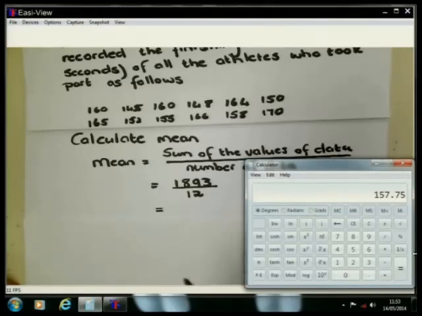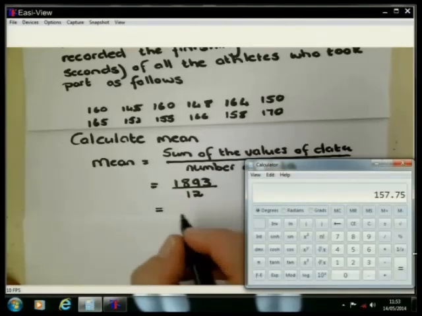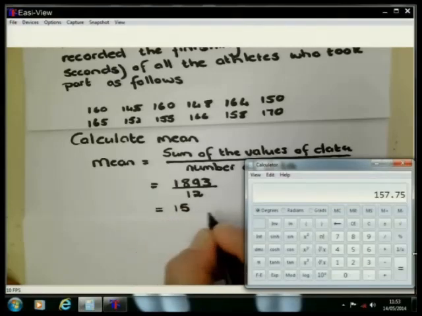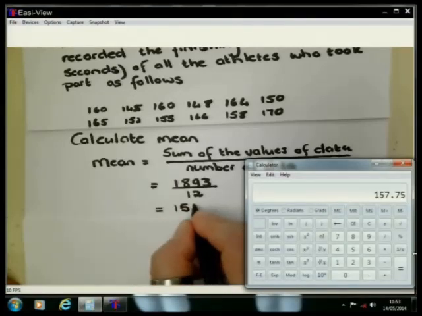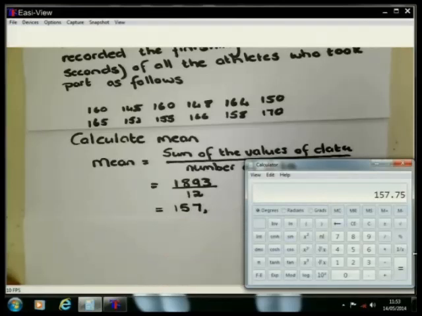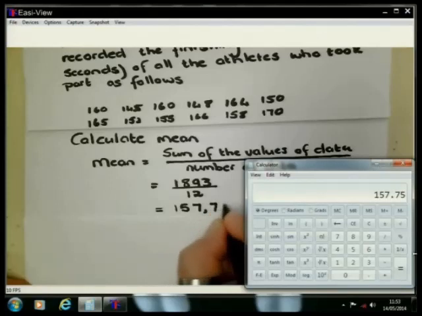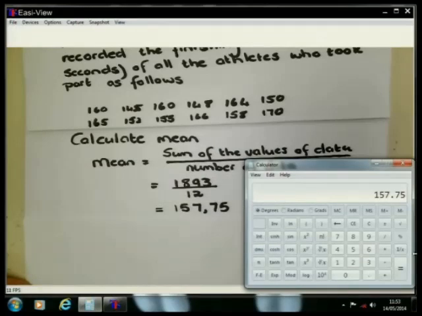In general, the instruction is up to 2 decimal numbers, unless we say something specifically in a question. So I'm going to give this answer as 157.75. And this is just the mean time. So this is in seconds. The mean time, the average time that it took the athletes to run around the athletics track 2 times, finishing 800 meters.